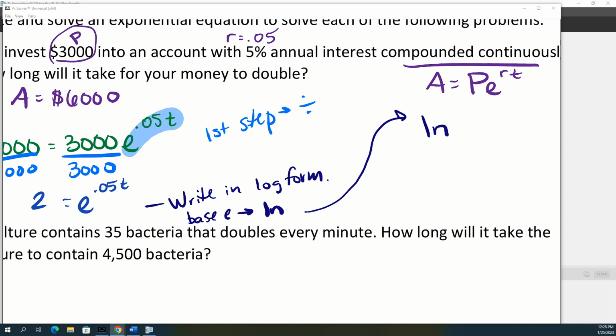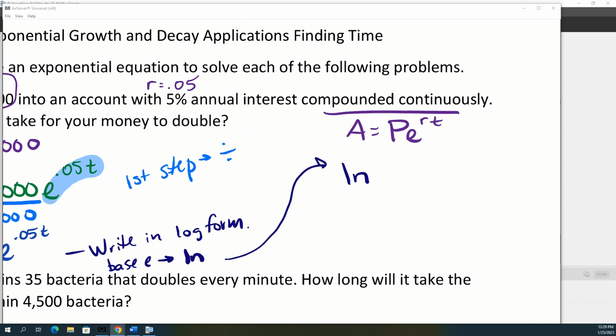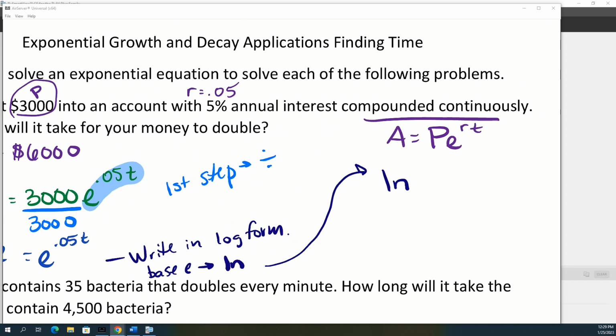All right, and what should I write next? It's either going to be 2 or it's going to be 0.05t. Would it help if we rewrote it like e to the 0.05t equals 2?